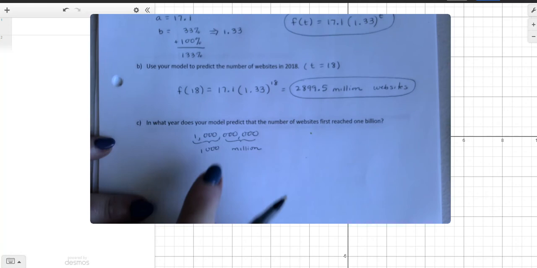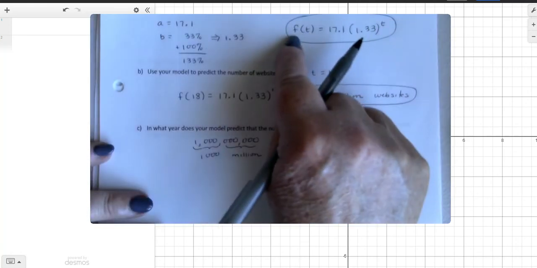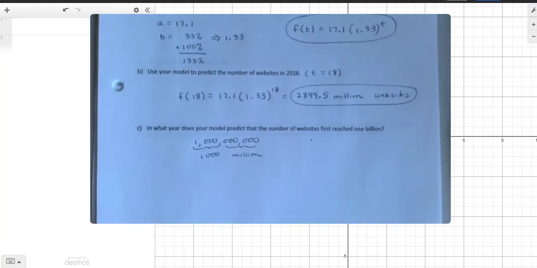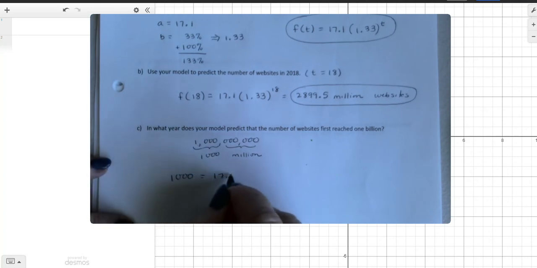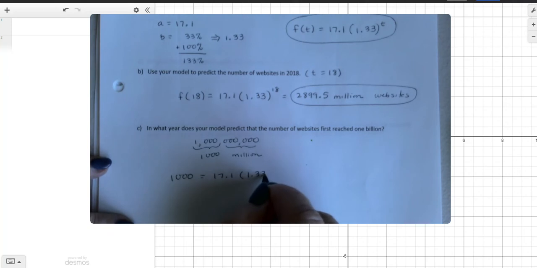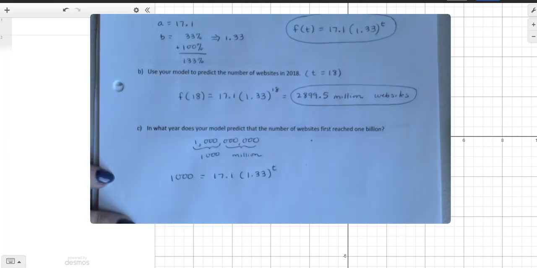So I'm going to go ahead and put 1,000 in for the f of t, the number of websites, and then I'm going to go ahead and solve that.